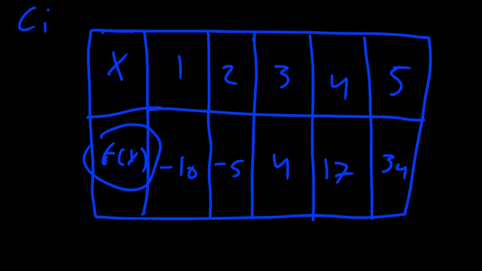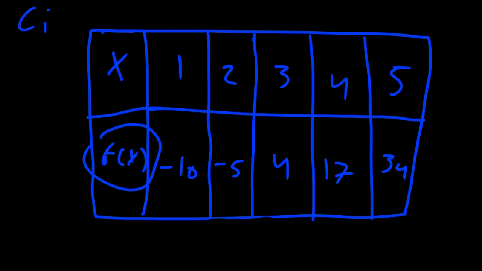For example, negative 10 to negative 5, you'd have to multiply by a half, but negative 5 times 1/2 is equal to negative 2.5, which is not 4. So we can get rid of the exponential option. And chances are, if it's not exponential, it's probably not logarithmic. So we can probably eliminate that too. What we're left with is the linear and quadratic options.